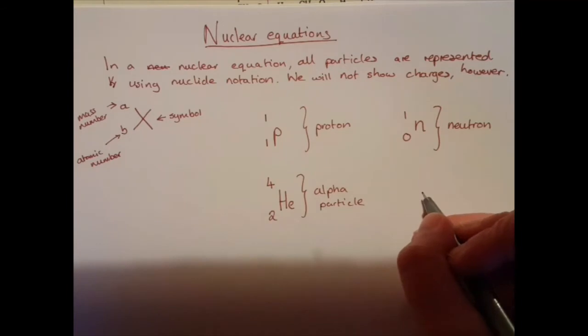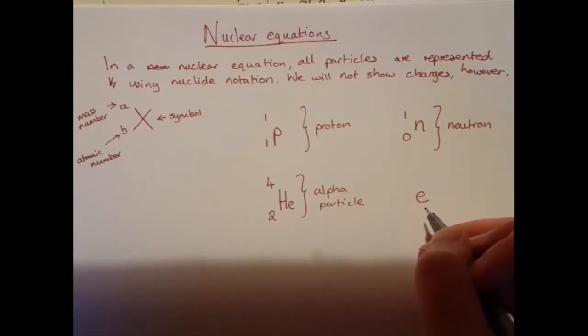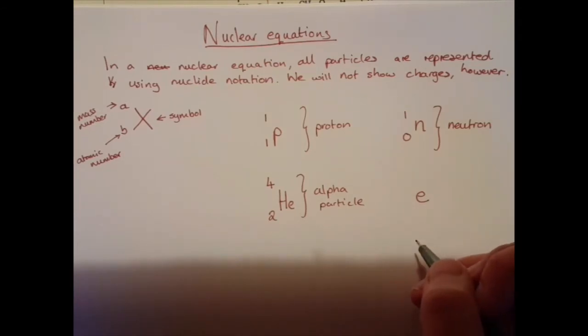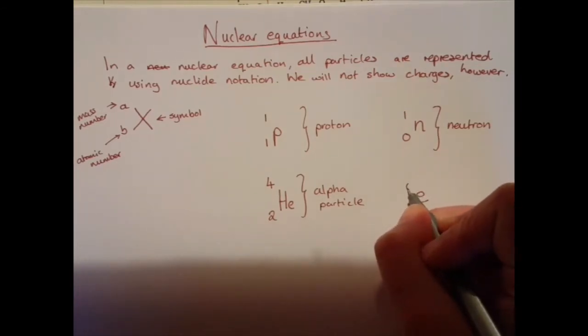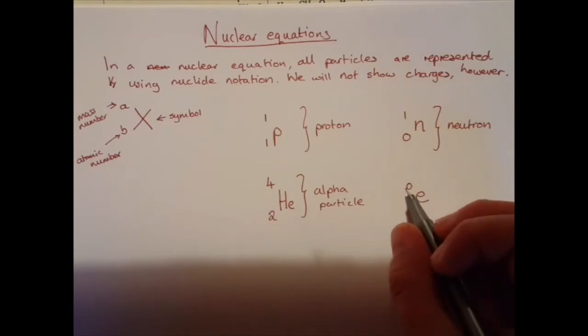And then our beta particle, remember, is a fast-moving electron ejected from the nucleus when a neutron changes into a proton and an electron. So what's the mass of an electron? Hopefully you're thinking 0. So the beta particle has a mass number of 0.